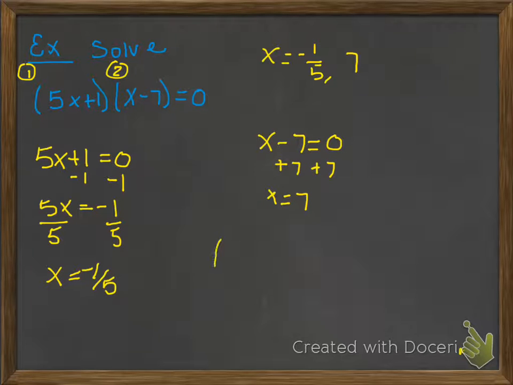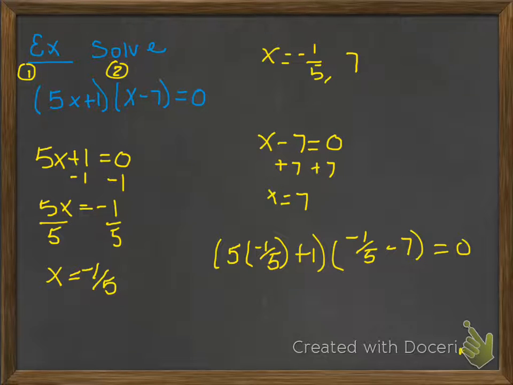Because if I went and plugged in negative 1/5 into 5 times x plus 1 times x minus 7, and I want that to be equal to 0. Negative 1/5 times 5 is negative 1, negative 1 plus 1 is 0.